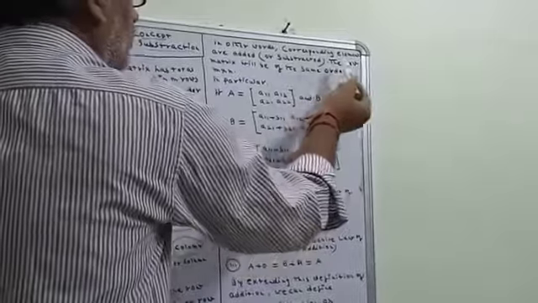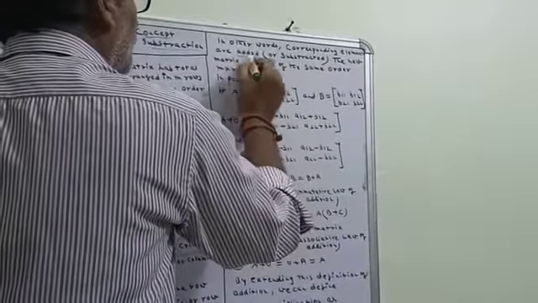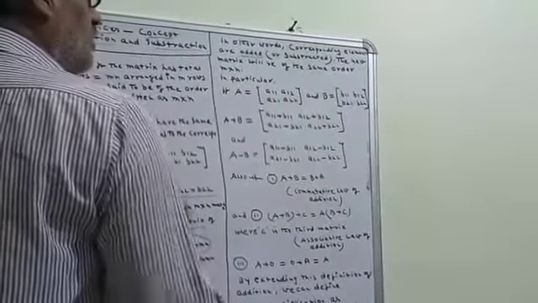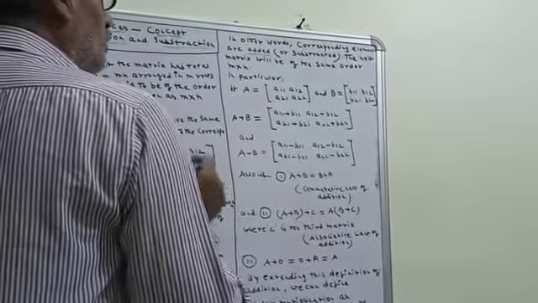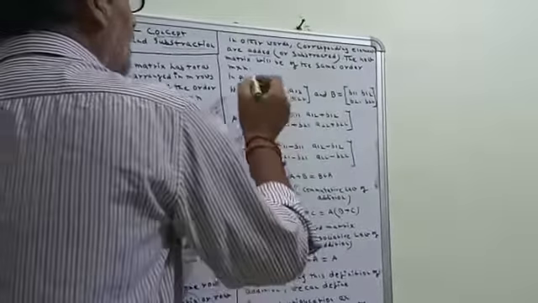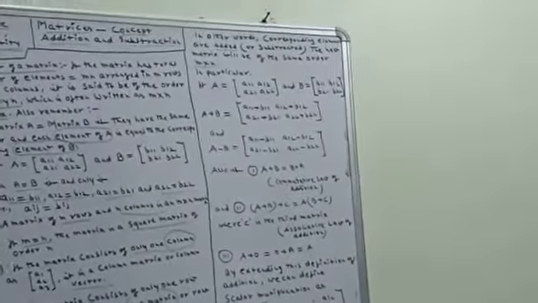This is the concept. In other words, corresponding elements are added or subtracted. The new matrix will be of the same order M by N.